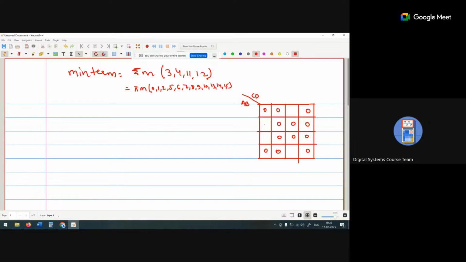Okay. Now, can we create three groups? One group is this, one group is this one, and one group is this one.